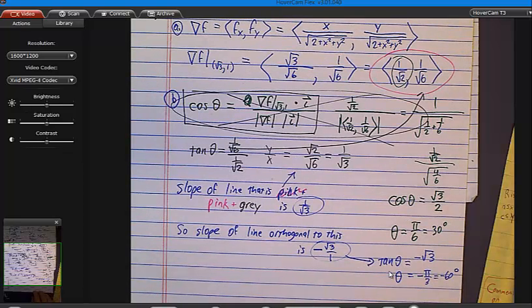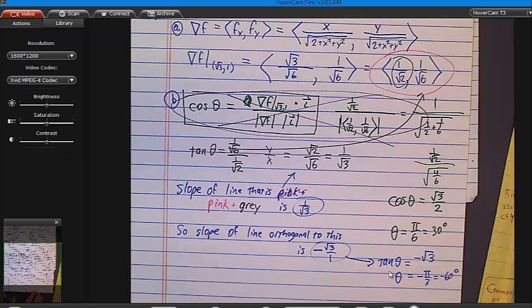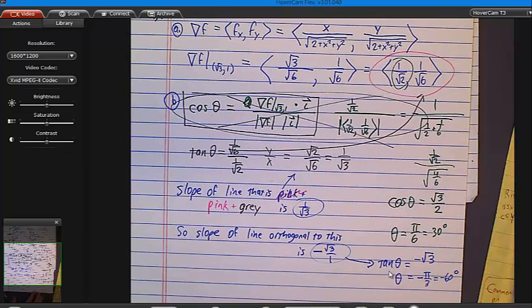Okay. Part C. Write the directional derivative as a function of theta and call this function g of theta. So how do we do this?